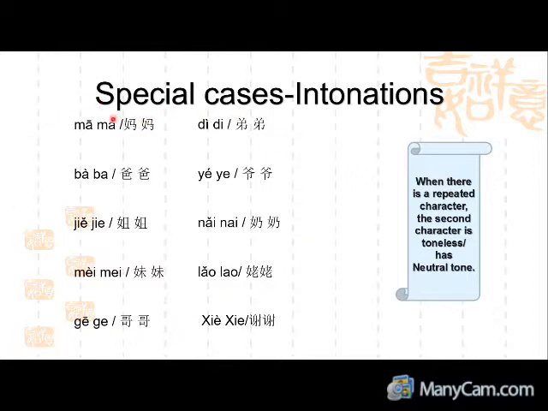So don't worry about the Chinese for now, just worry about the Pinyin, because Pinyin is the basis. When you've got Pinyin right and know the Chinese alphabet inside out, like me and many other speakers, that is the time when we look at the characters by themselves without Pinyin. So as I said, when there's a repeated character, the second character usually is toneless and neutral.